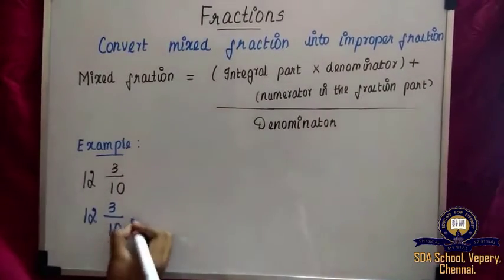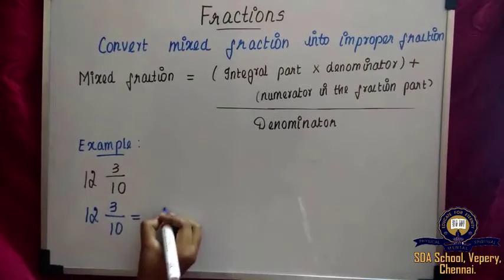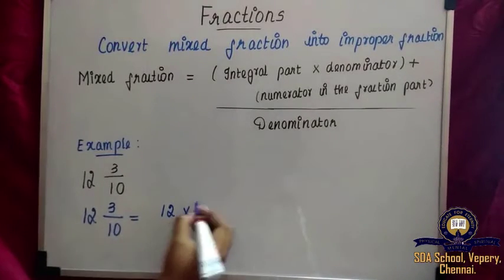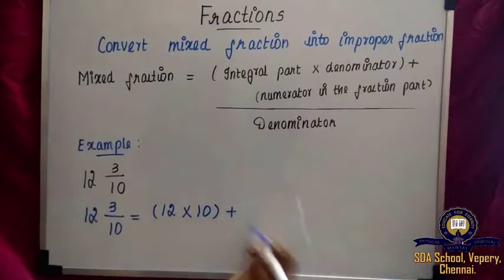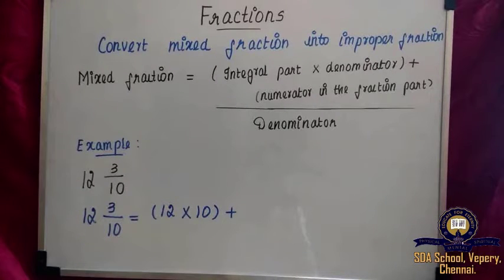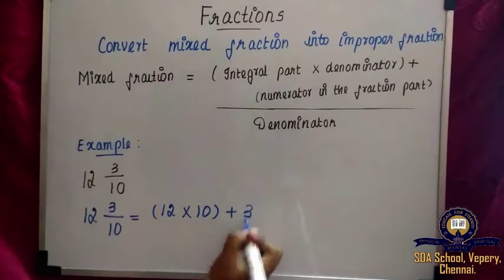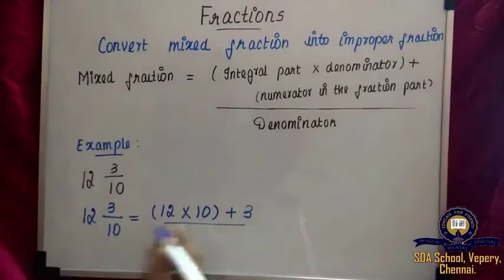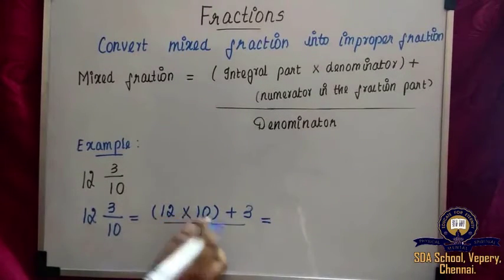12 3/10 is equal to, so the first is the integral part. So it is 12 into the denominator which is 10 plus the numerator in the fraction part. So the numerator in the fraction part is 3, divided by the denominator. So here the denominator is 10. 12 into 10.